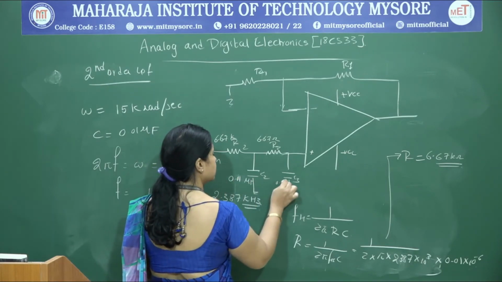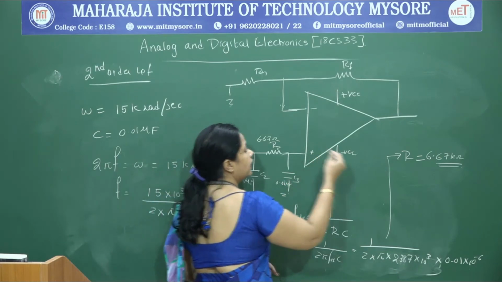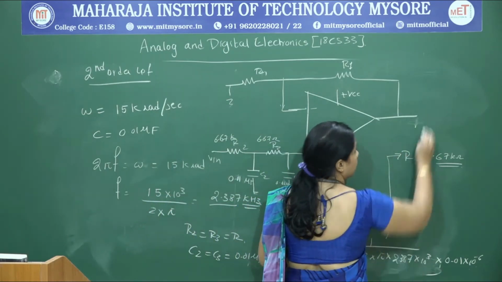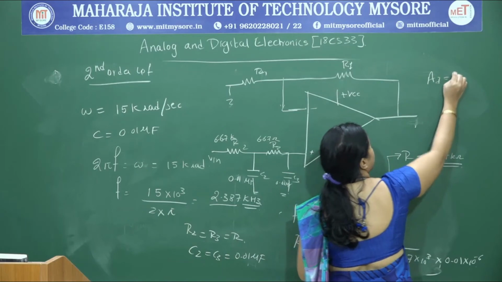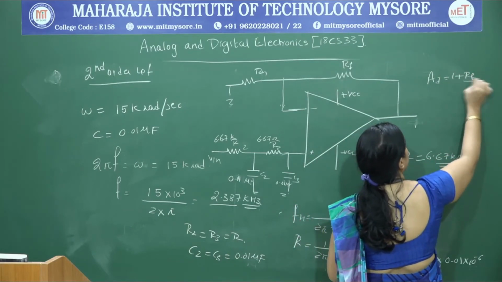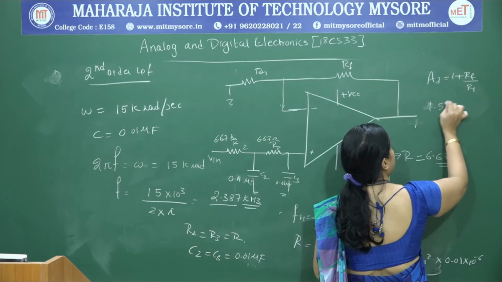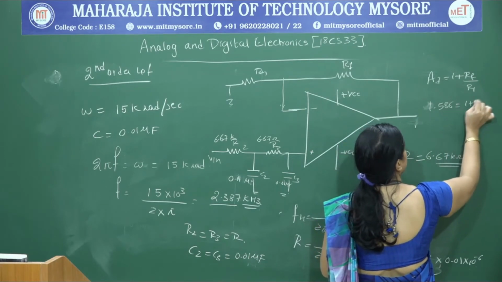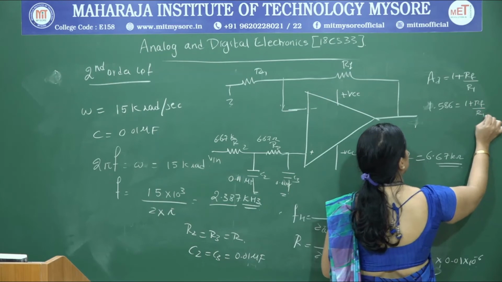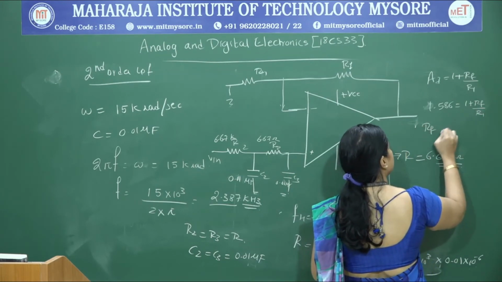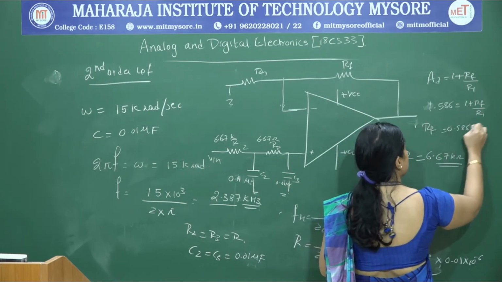And C2, C3 is given as 0.01 microfarad each. You are aware the passband gain AF is 1 plus RF by R1, and for a second order low pass filter it is 1.586. So with this value, RF is going to be 0.586 R1.